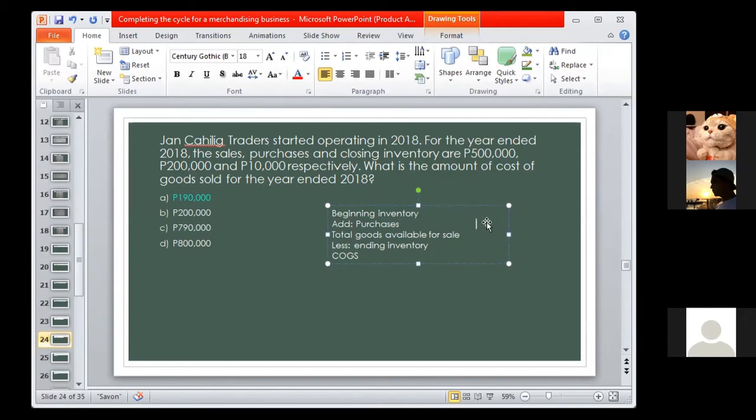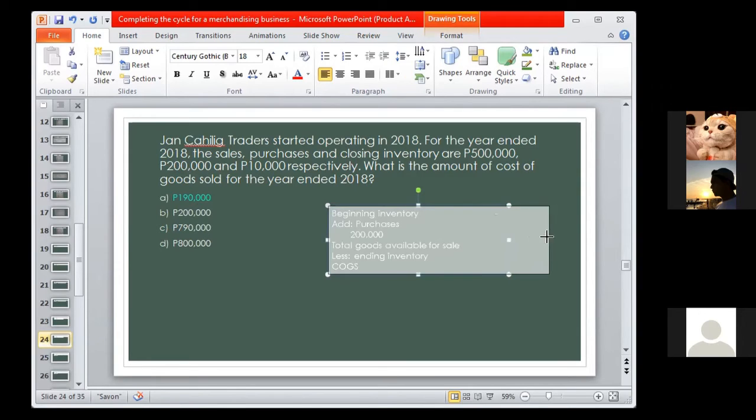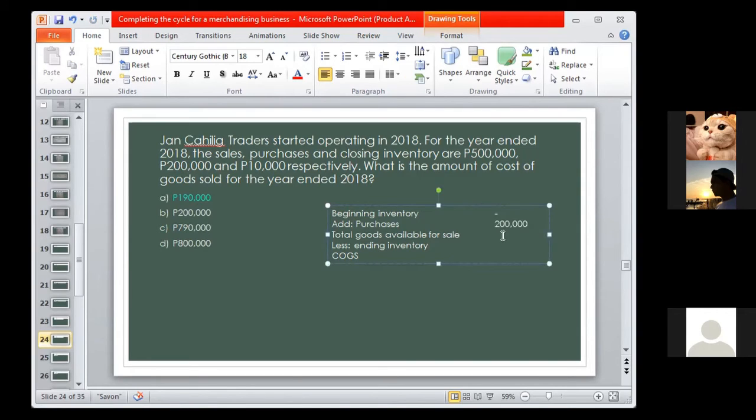Wala tayo diyan. Ito naman, meron tayong purchases na 200,000. Lagay natin yan. Siyempre, ibabalik natin ito, kaya 200,000.